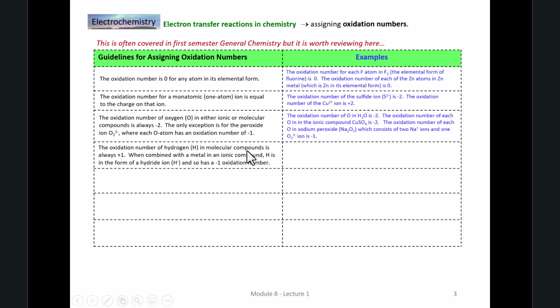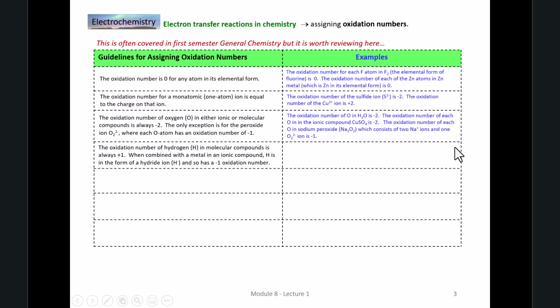The oxidation number of hydrogen in molecular compounds is always +1. Now, when combined with a metal in an ionic compound, now you won't see this often, but it's worth pointing out, hydrogen is in the form of what's called a hydride ion, and so has a -1 oxidation number.